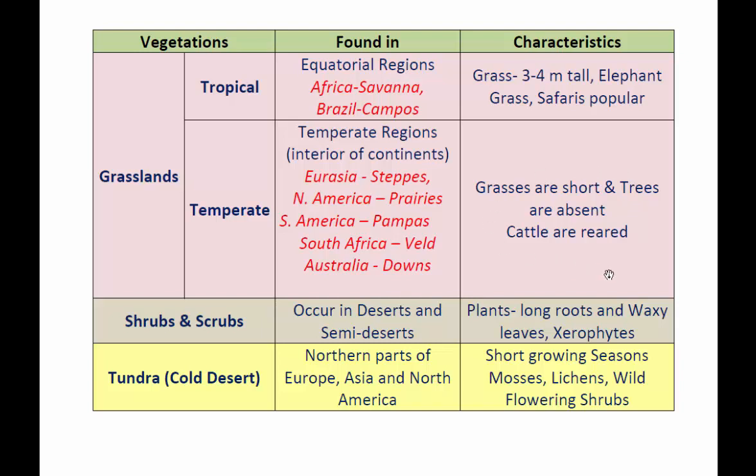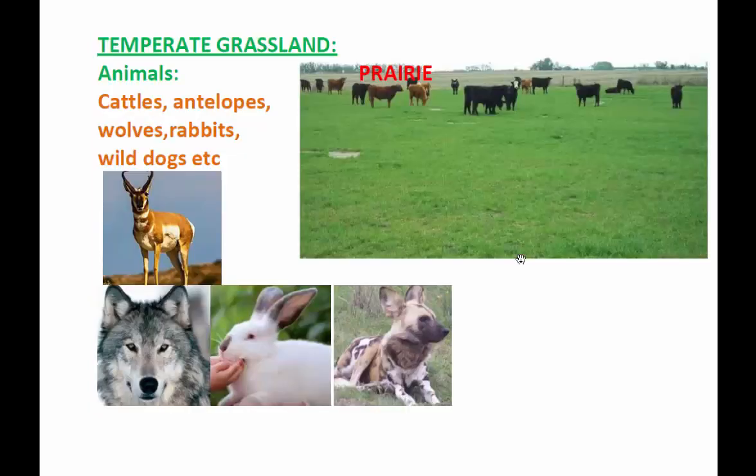Mostly wild animals are absent, they are very rare, so to say. So we can see it from here. This is a prairie. You can see most of the trees are absent, and some of the important animals include cattle, antelopes, wolves, rabbits, wild dogs and all. These are some of the wild animals that are found in this region.